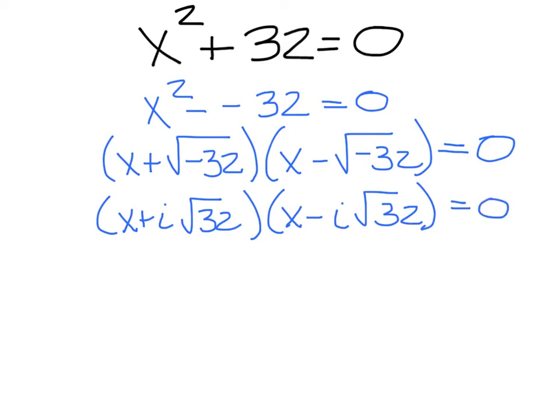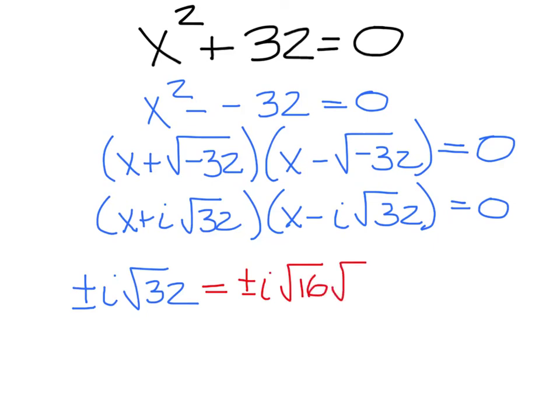Now for our final answer, plus or minus i square root of 32, we have to simplify. What is the highest perfect square that comes out of 32? 16 is right. So it's plus or minus i square root of 16 square root of 2, which means our final answer is plus or minus 4i square root of 2.